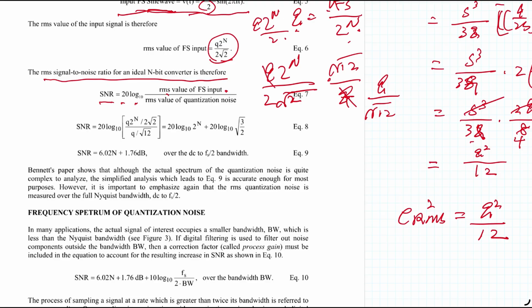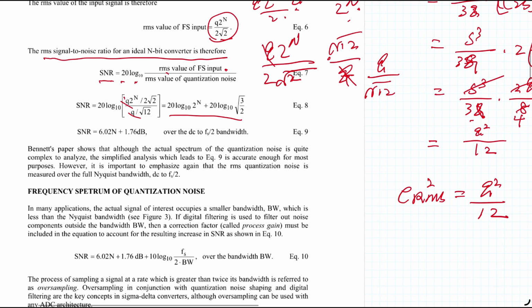You can work out the math here, and eventually you get this equation. It's two log terms, and then you can combine them eventually to here. Look here, this is for the bandwidth from DC to fs over 2, the sampling rate divided by 2. That's basically from DC to the Nyquist frequency.